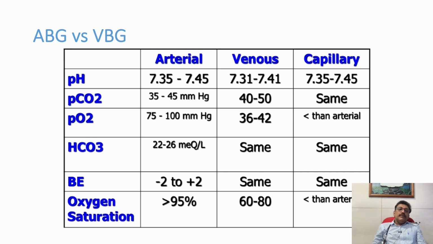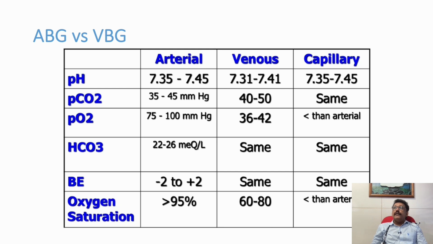But however, when we are taking an arterial sample or a venous sample, there is only a mild difference between many parameters other than carbon dioxide and oxygen. pH difference is only 0.03 or 0.04. That is the only difference. So in clinical practice, a venous sample or an arterial sample will not make much difference in ABG or VBG.